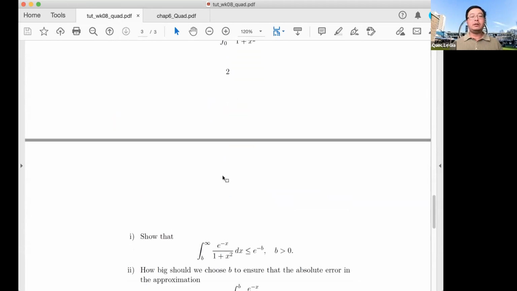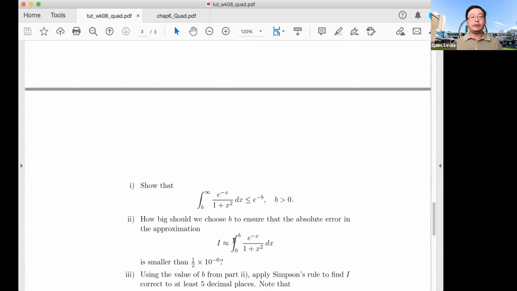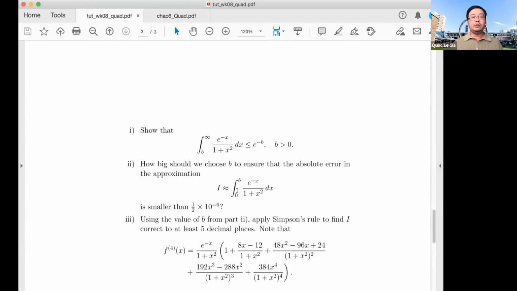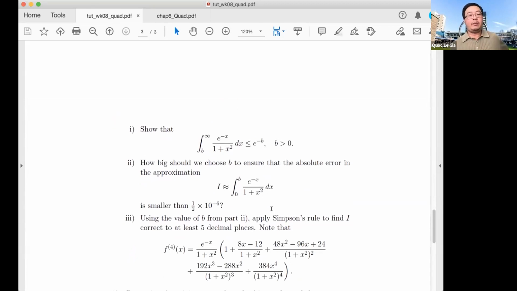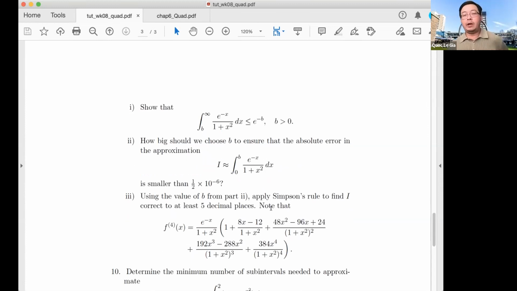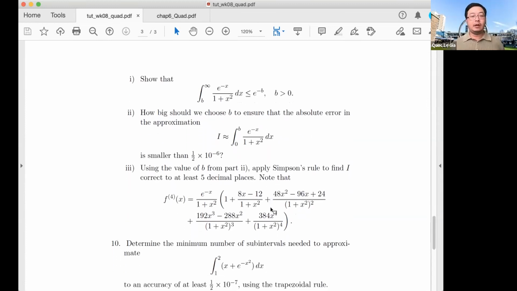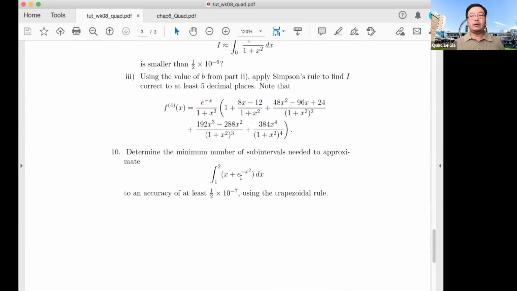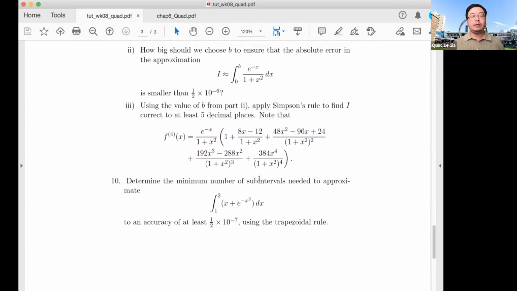So first you estimate the tails, and after that you estimate how many intervals you choose to get the error. So maybe let me put in the solution. This one is similar to question 1. So that's it, maybe we stop here.